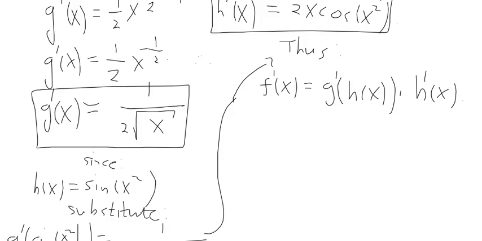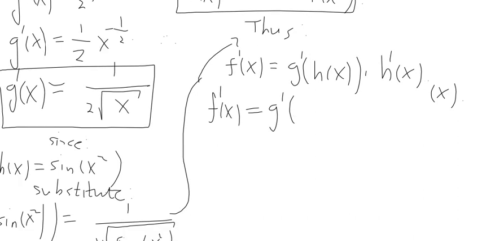So f prime of x is equal to g prime of sine of x squared times the h prime. I know my h prime was 2x cosine of x squared.